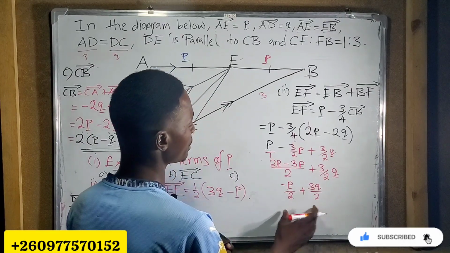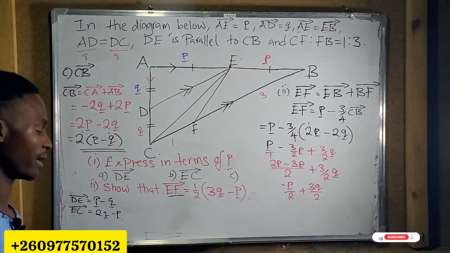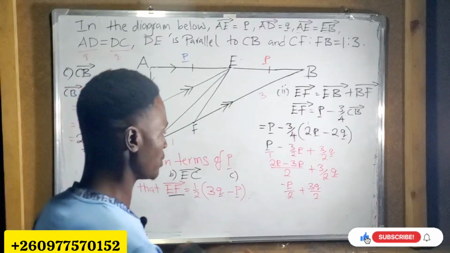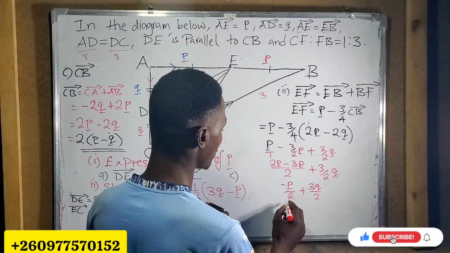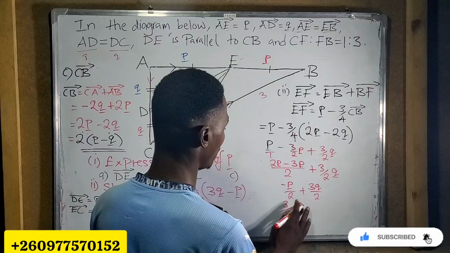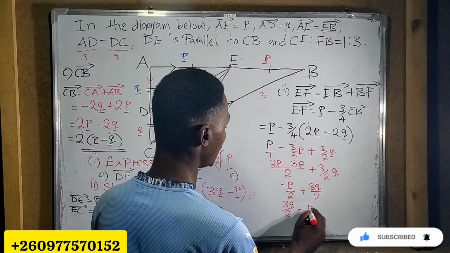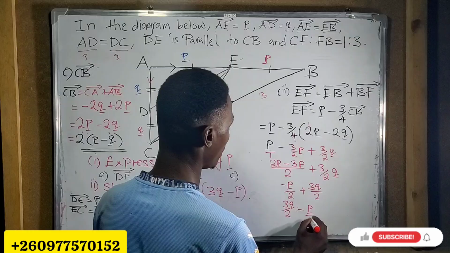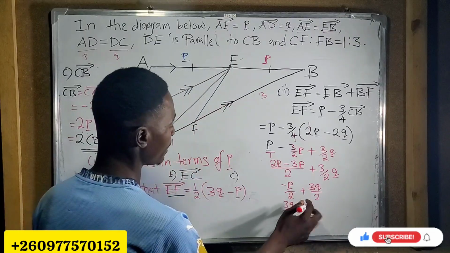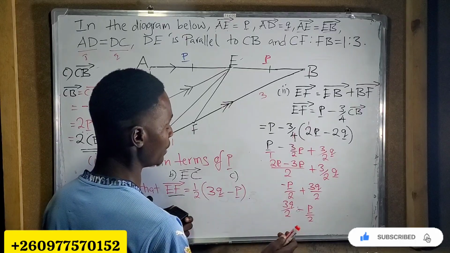Now, when you reach this stage, that's when you can factorize. By the way, you can first arrange, start with a positive one. So you can just write 3Q over 2 minus P over 2. So here, on top, we have 3 and 1. So the common factor is what?